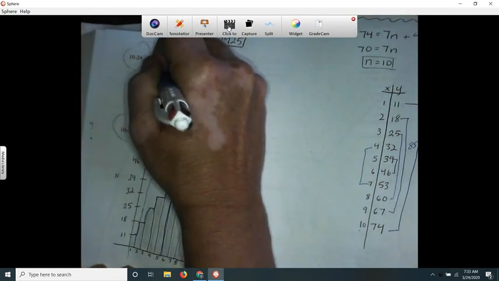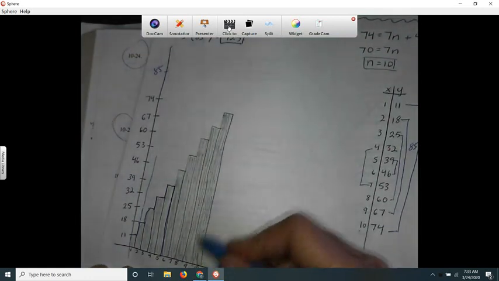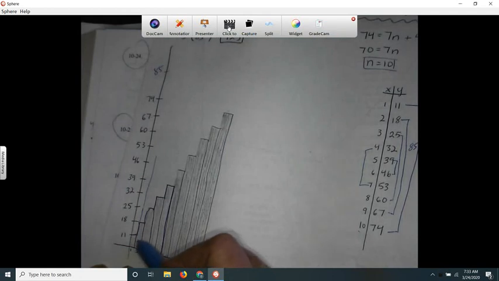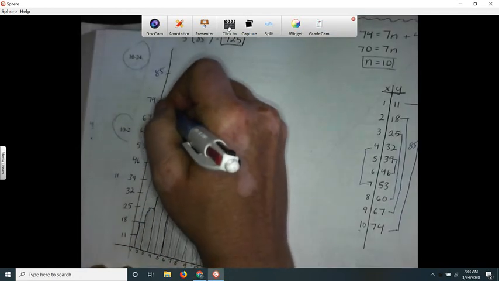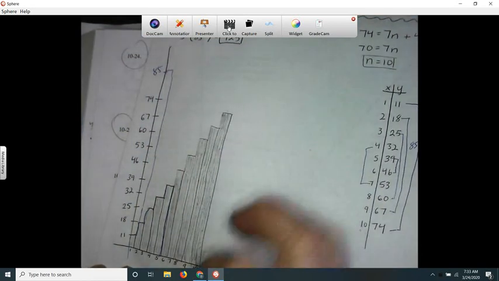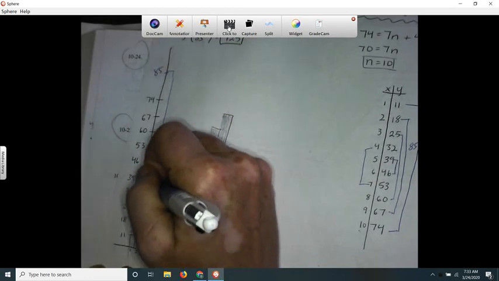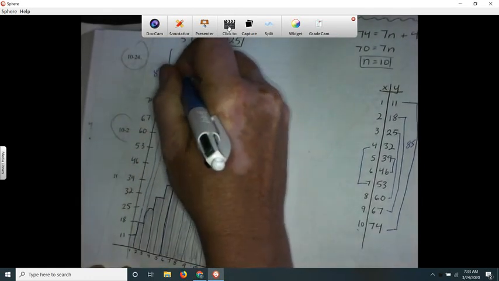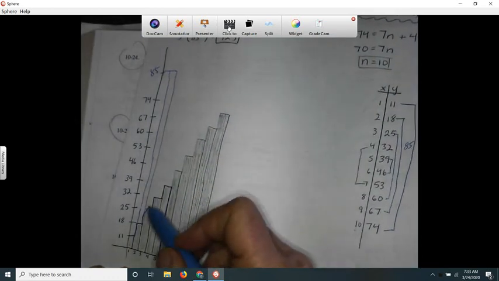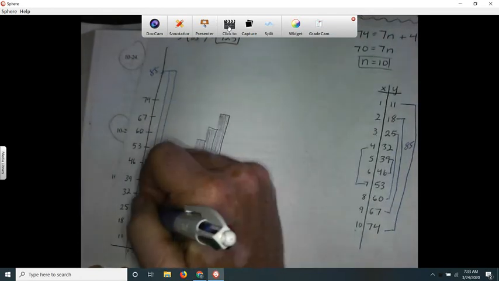If I took this really long bar, the 10th term, and picked it up and put it on top of this bar, it would be about that tall. And then it wouldn't be there anymore. Each one of these would stack up like this second bar right here. I hope this makes some sense to you.